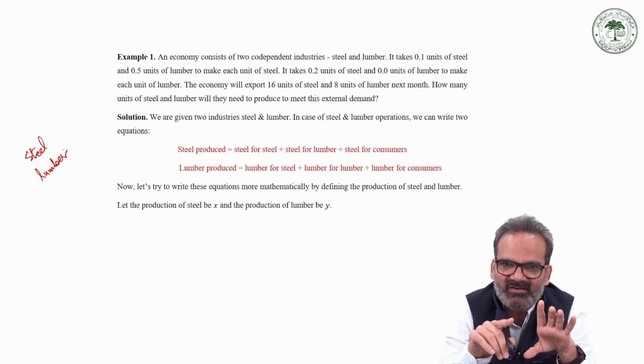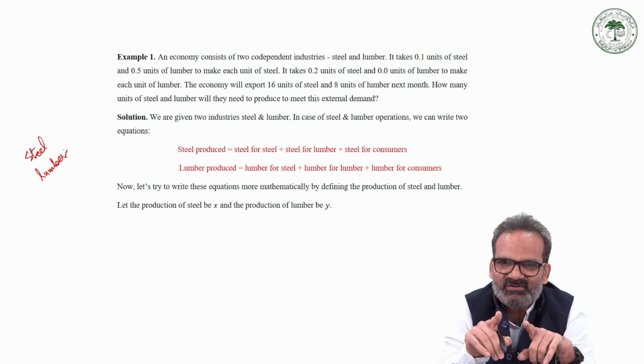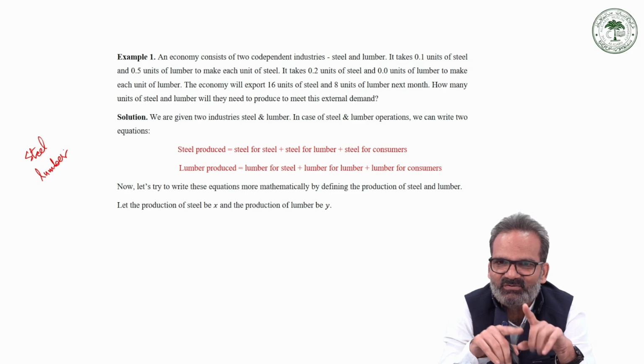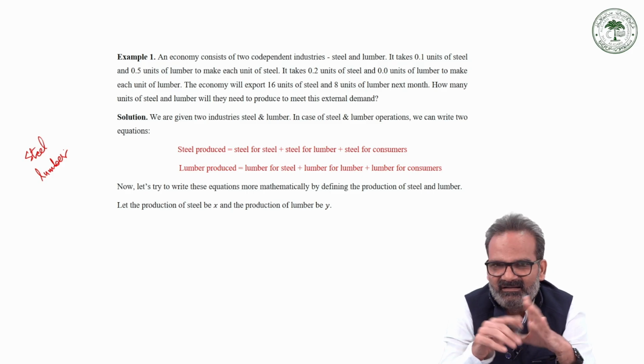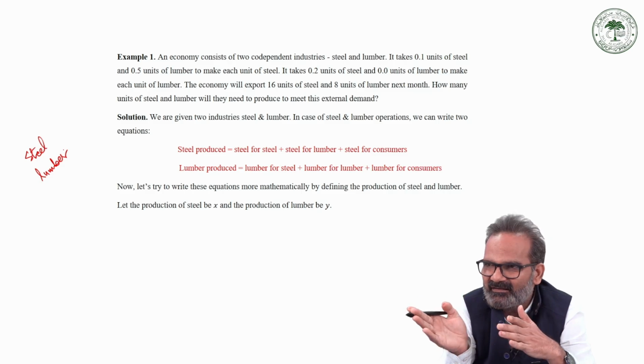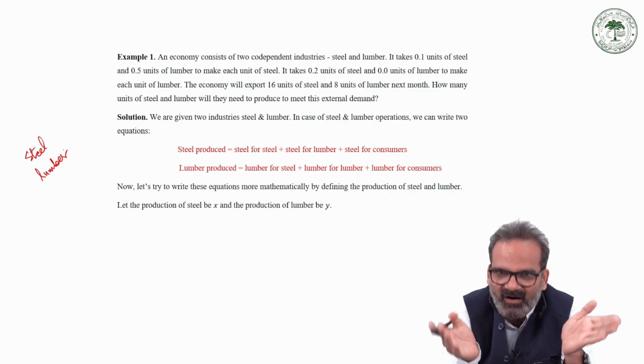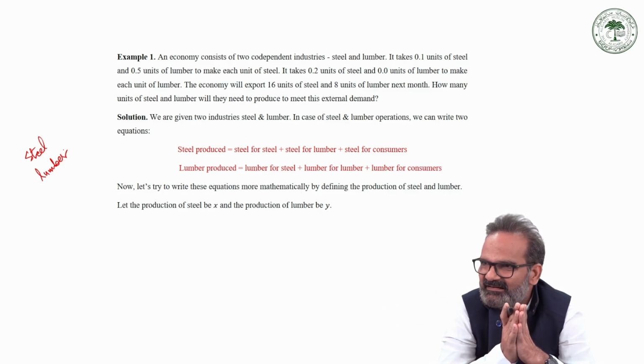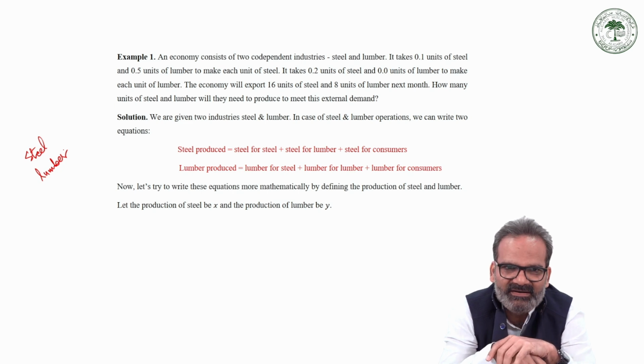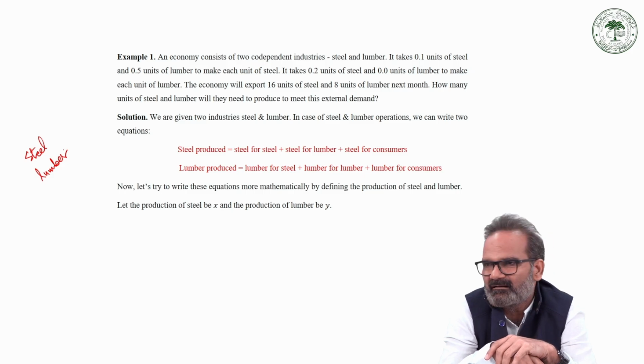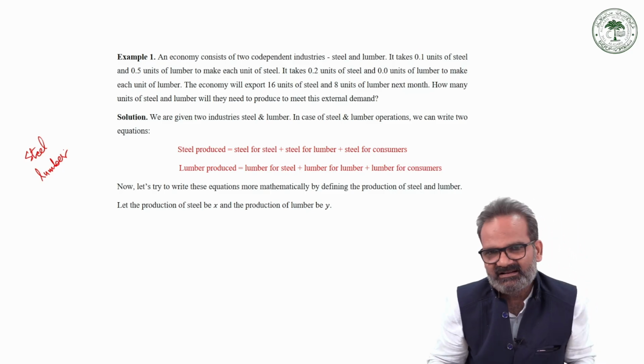The economy will export 16 units of steel and 8 units of lumber next month. This is the final demand which is exported out of the industries, that is D. How many units of steel and lumber will they need to produce to meet this external demand?